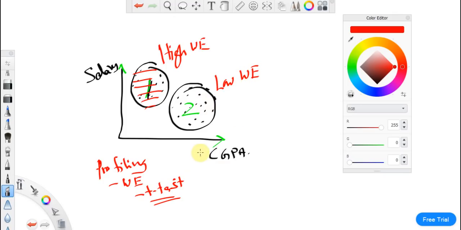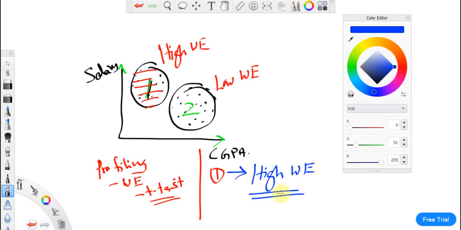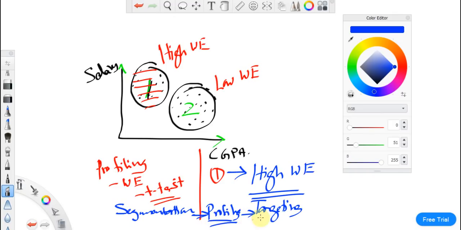So in the future, to target this segment 1, I just need to select all the customers who have high work experience. So profiling comes as a bridge between segmentation and targeting. Without profiling, you will not be able to adequately target the customers.